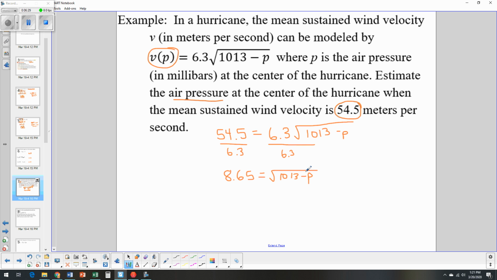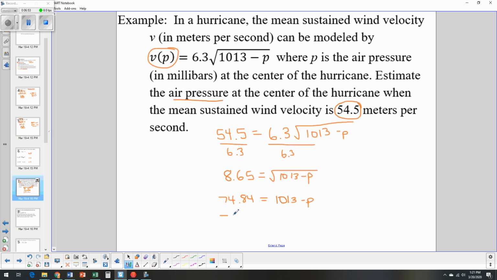We know with this step we're going to square both sides, right? We want to get rid of this square root. So squaring both sides gives me about 74.84 equals 1013 minus P. I can subtract 1013 from both sides.